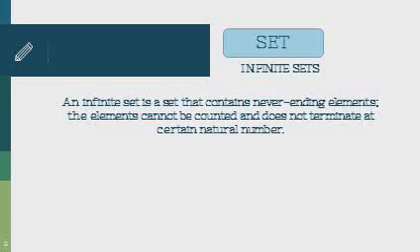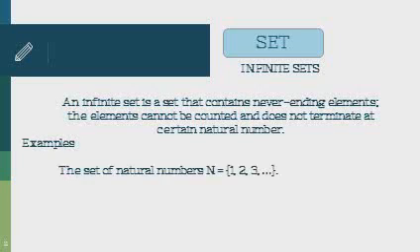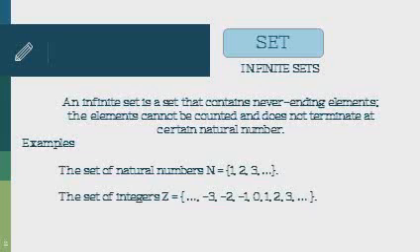When we say infinite set, it is a set that contains never-ending elements. The elements cannot be counted and does not terminate at certain natural number. Examples, the set of natural numbers. Yan, when we say set of natural numbers, like what I've said a while ago, that is infinite kapag doon lang yung given. Kasi nga, wala namang katapusan ang ating counting numbers.